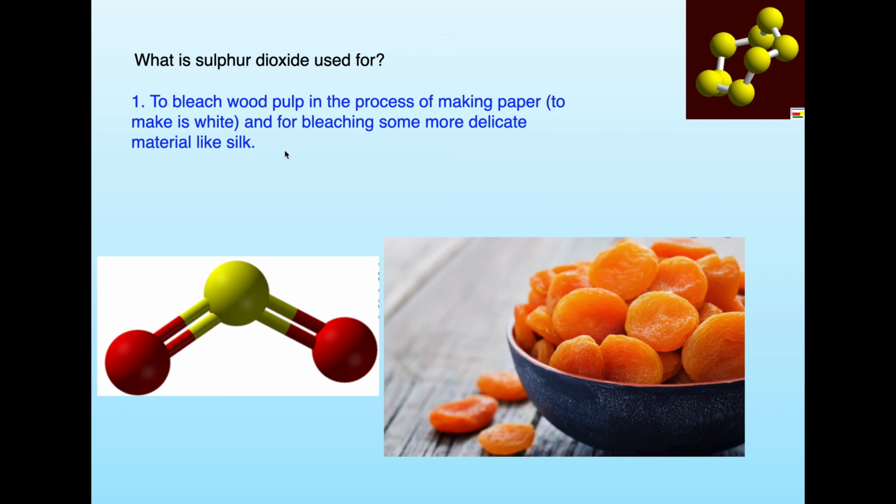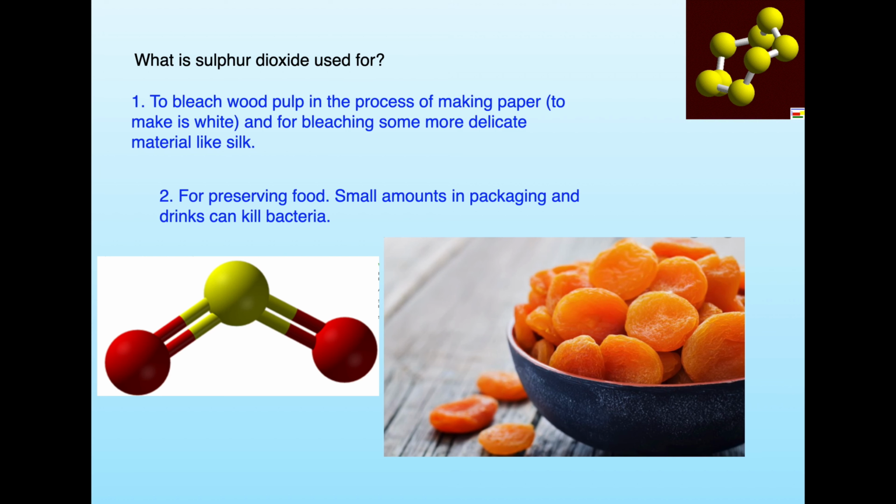It can make them white instead of using a stronger bleaching agent which could damage the fibers. So sulfur dioxide is used to bleach wood pulp in making paper and for preserving food.